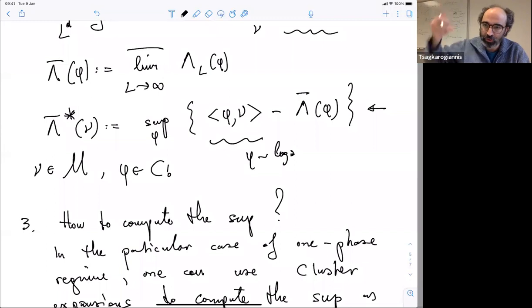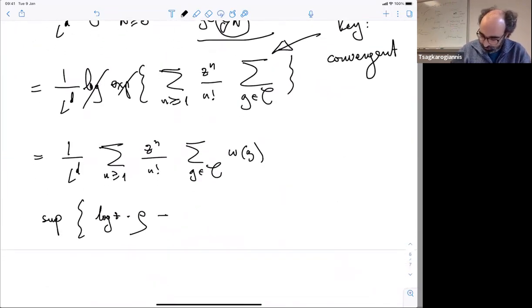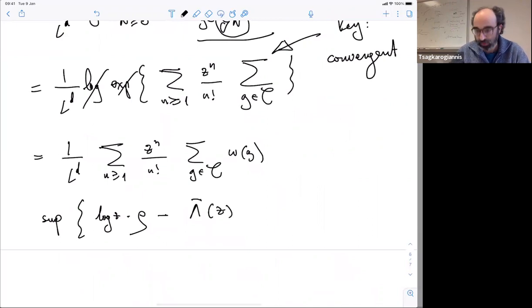So phi is in the exponent, z is down. So phi is like log z, no? Because e to the phi is e to the log z is z, because z is downstairs. Minus what I had here, no, lambda bar of phi, which is now lambda bar of z.